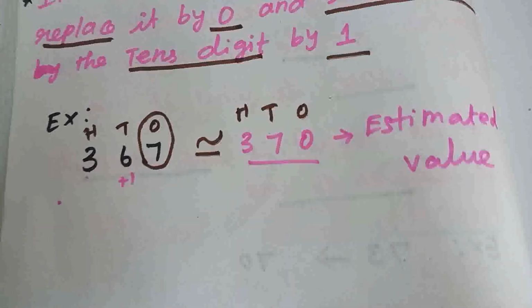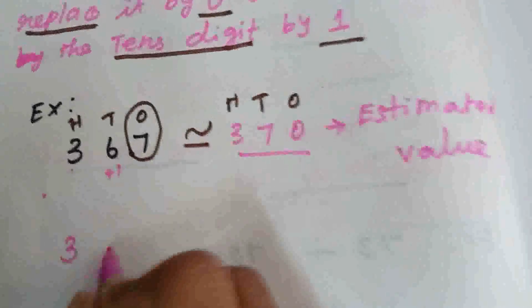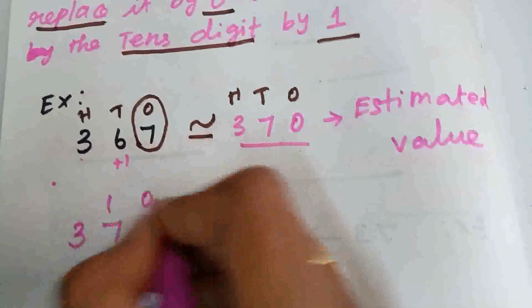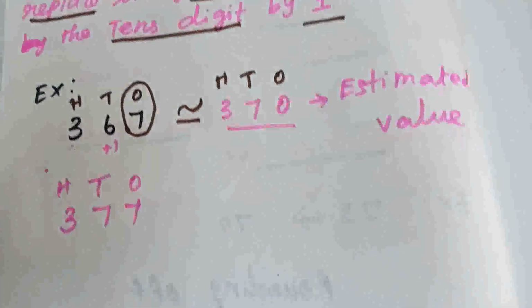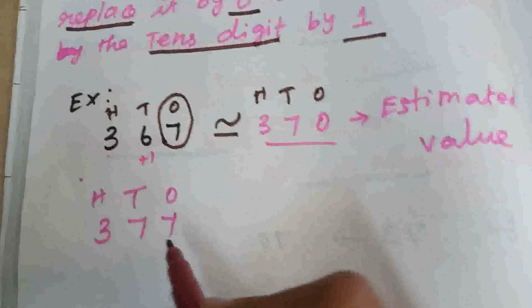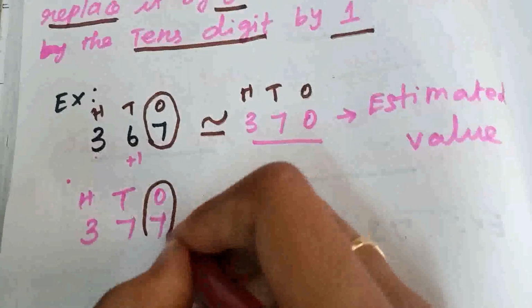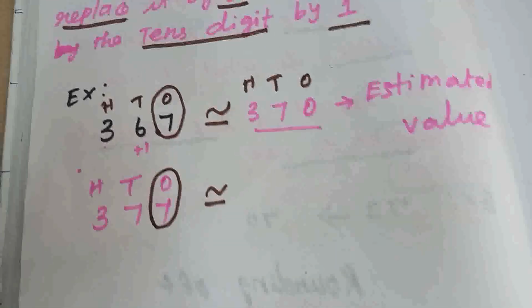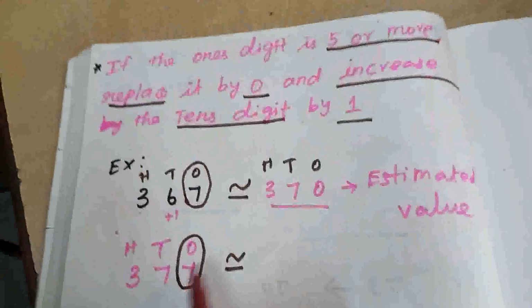Okay, now we see one more example. 3, 7, 7. Hundreds, tens, ones. You have to observe the ones place. Circle the ones place. Use the approximate sign. So 7. 7 is more than 5.